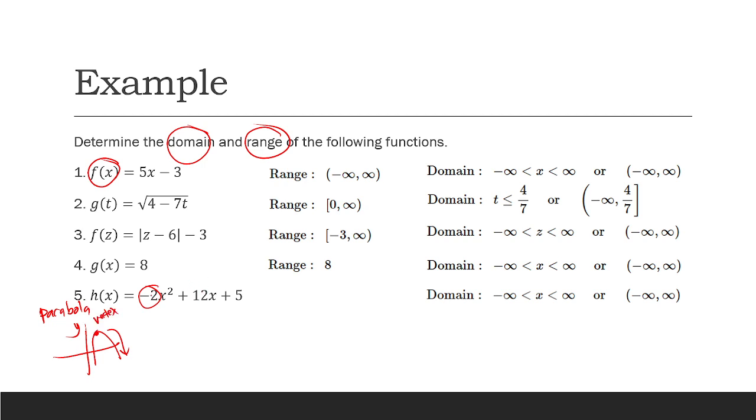So, what we need to do is find the value of our vertex. Now, how do we find it? It's just a formula from your analytic geometry. The x at our vertex is equal to negative b over 2a. So that is our formula for the vertex.